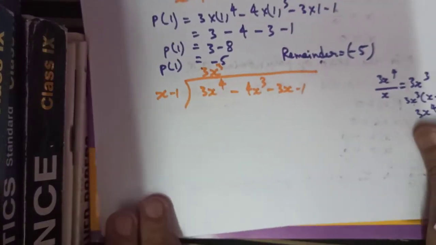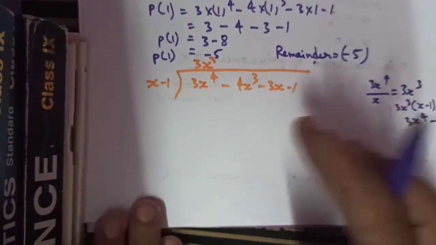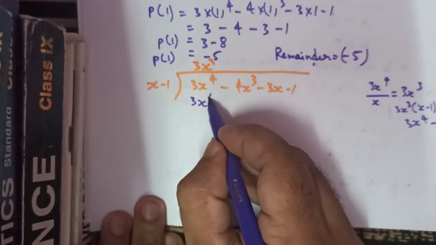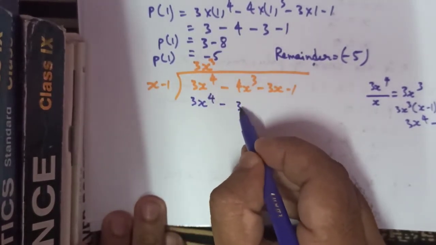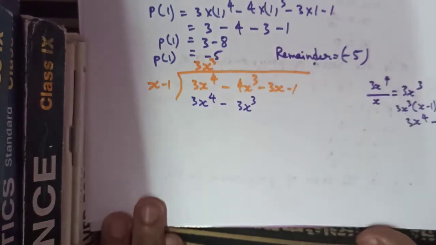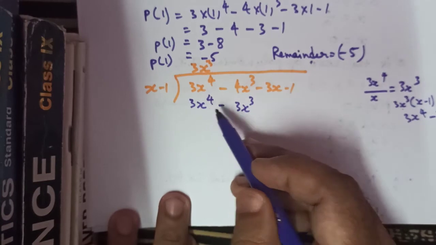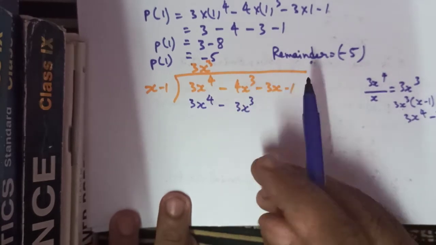So this will be written here: 3x power 4 minus 3x cube. You have to keep in mind one thing: the x power 4 terms will be written below x power 4, and x cube will be written below x cube.